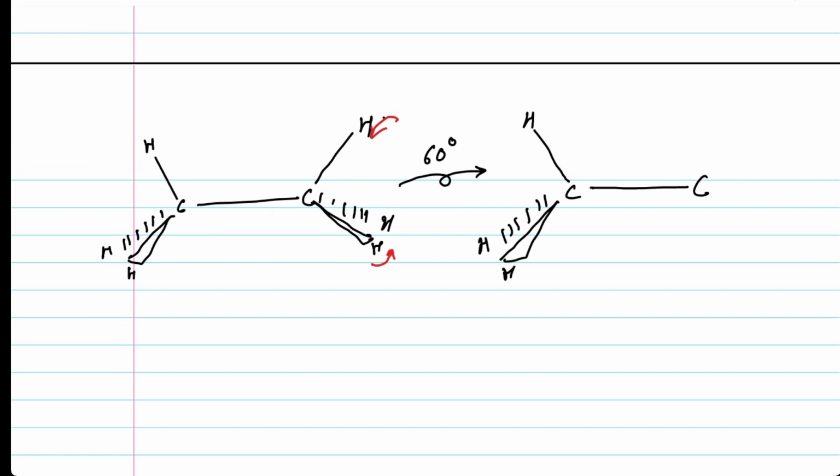This hydrogen which was on the top moves out of the plane. The hydrogen which was behind still is behind, but it moves a little up. And the hydrogen which was out of the plane goes in the plane. So this becomes the structure of ethane due to its shift.